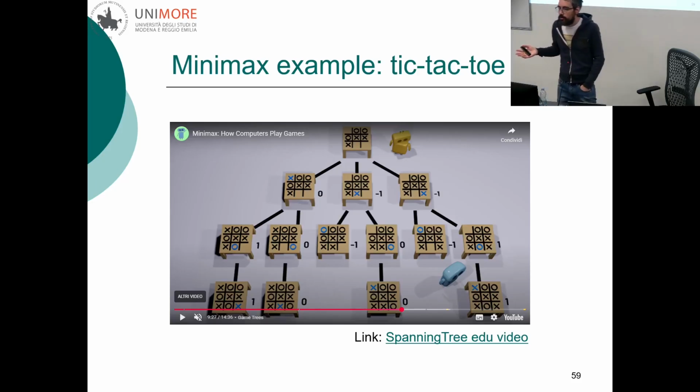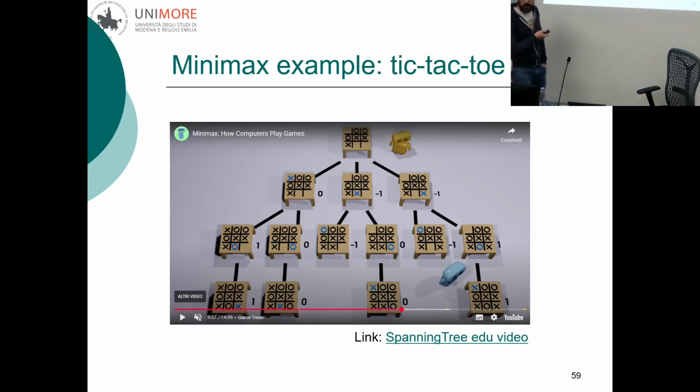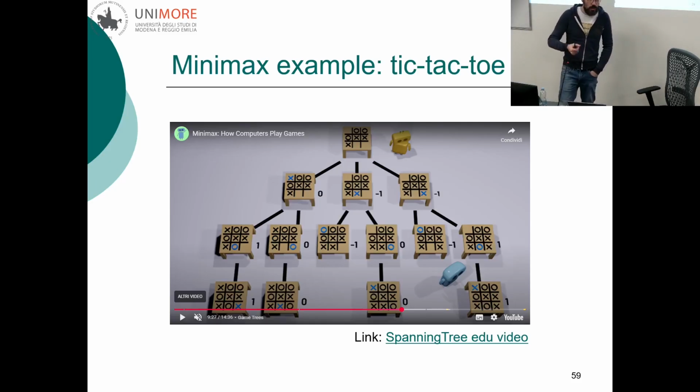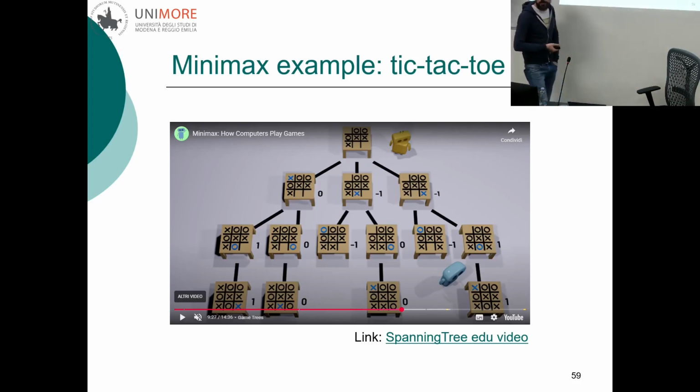So why are we talking about reinforcement learning if we can deal with this sort of stuff without it? Well, now imagine a real world problem in which this tree is huge. Huge means huge. Millions of possible states. Well, maybe it's true, minimax can give you the optimal solution, but maybe it can give you the optimal solution in 3 years of computation time. So, not very useful anymore.